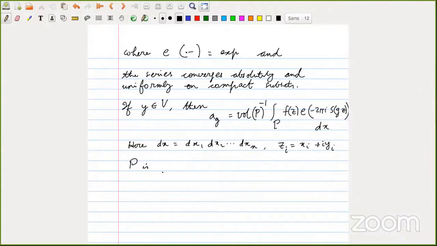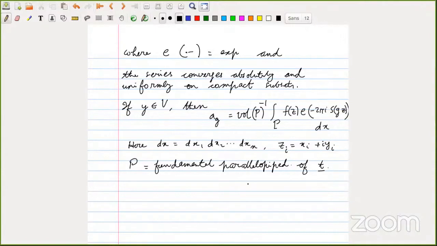So this equals the fundamental parallel packet of what? Of this D underline.